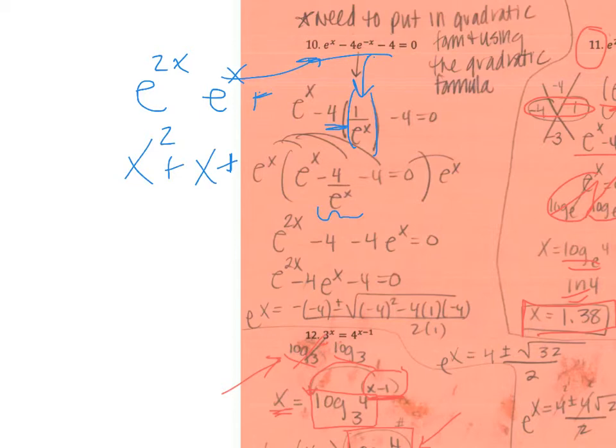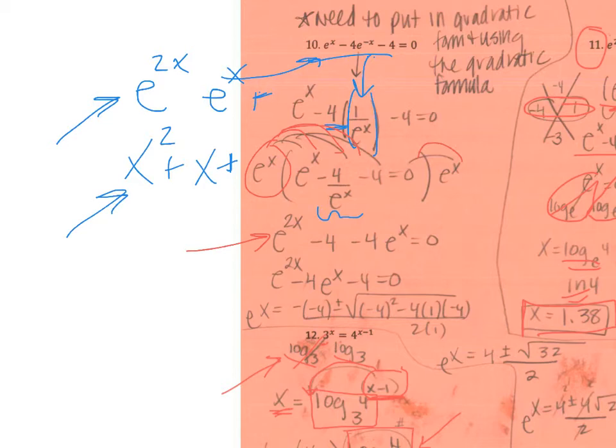Now, like I said, we need the square term, or the e to the 2x term, first. So we just say, what can we do? Well, we multiply all terms, plus or minus separated parts are terms, on both sides by e to the x. So e to the x times e to the x, like we said before, is e raised to the 2x, because you add the powers, same base.